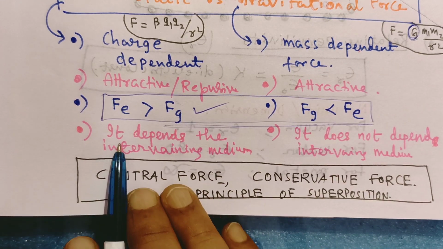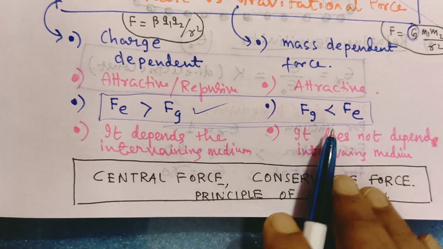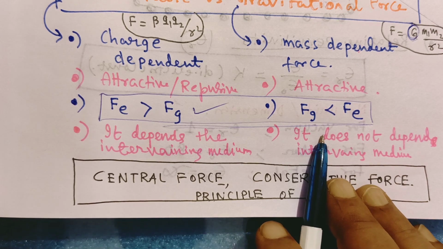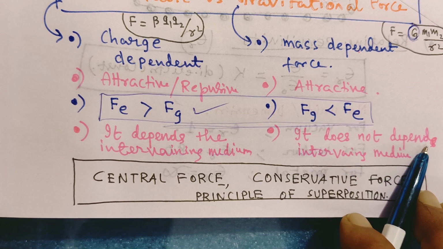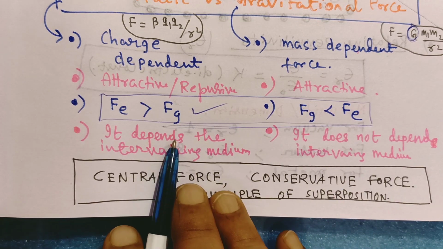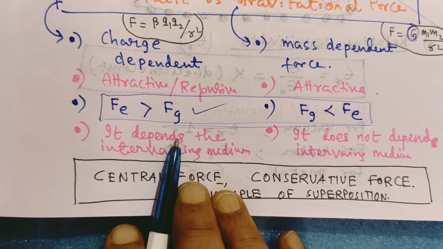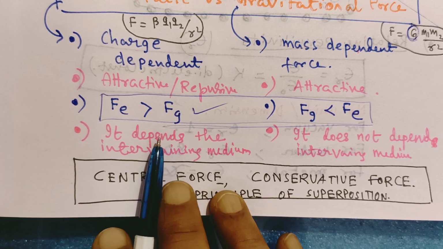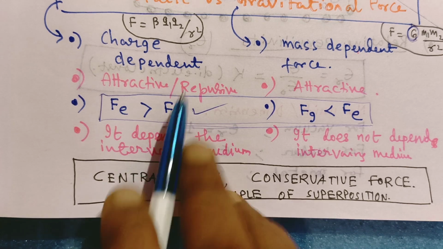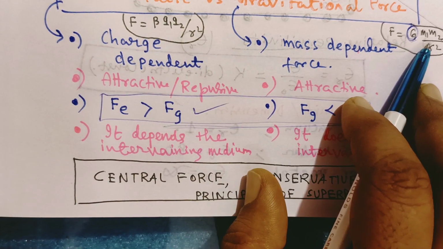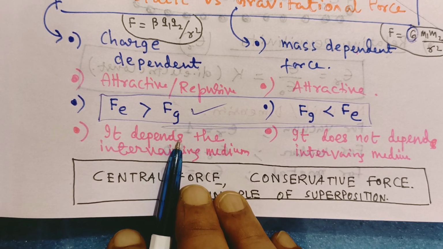So electrostatic force depends upon the medium in between two charged bodies, but gravitational force does not depend on the intervening medium in between two massive bodies. Also remember that if any medium comes in between two charged particles, the electrostatic force changes. That means it always decreases. Why does it decrease? You can calculate by the formula, and another formula is also there. You can also explain why it decreases.